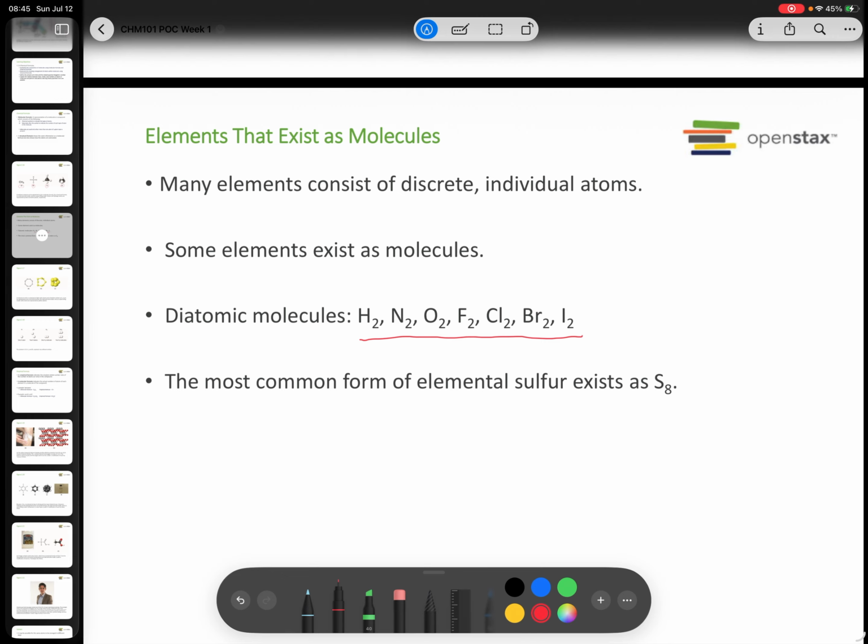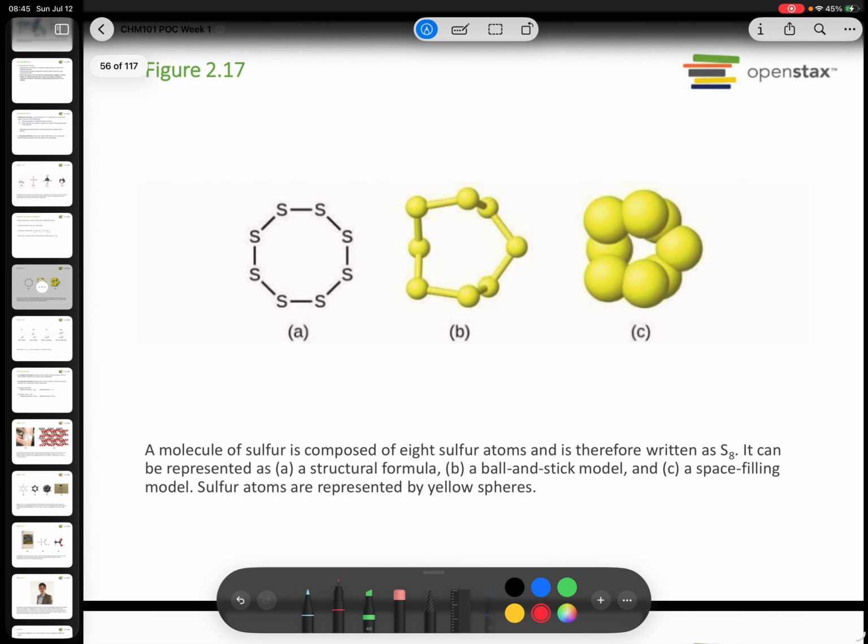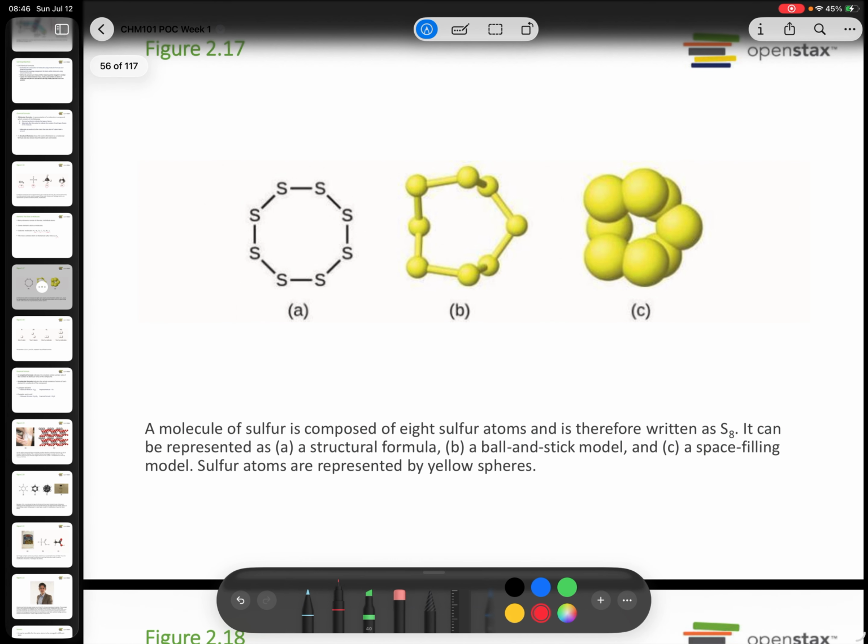So sulfur commonly exists as S8. Meaning, one molecule contains 8 sulfur atoms. So ito namang figure na to shows yung elemental sulfur as S8. So the formula tells us that one sulfur molecule contains how many sulfur atoms? 8.